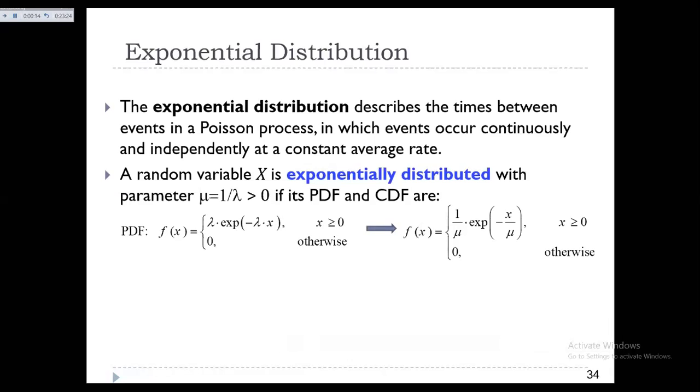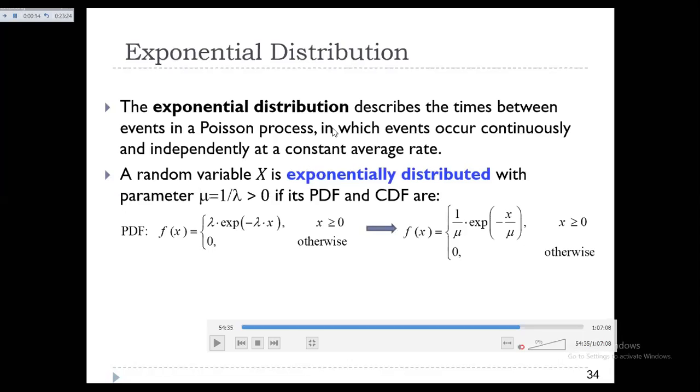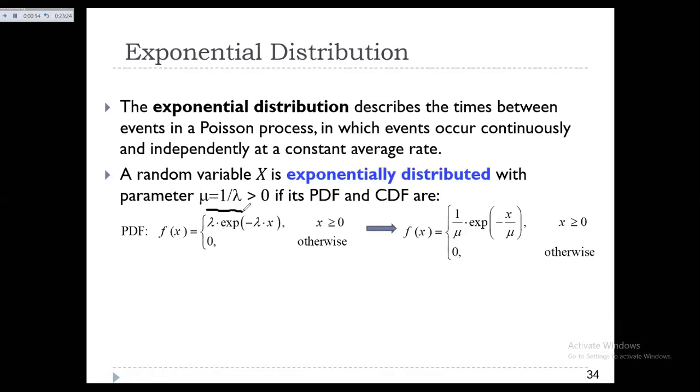The exponential distribution describes the times between events in the Poisson process, in which events occur continuously and independently at a constant average rate. Once you identify the context of the process, the parameter is also 1 over lambda.